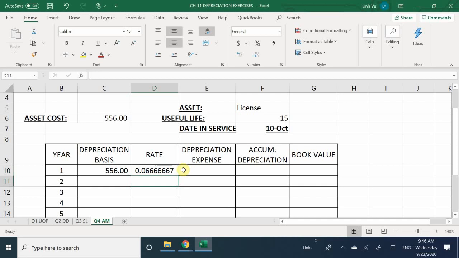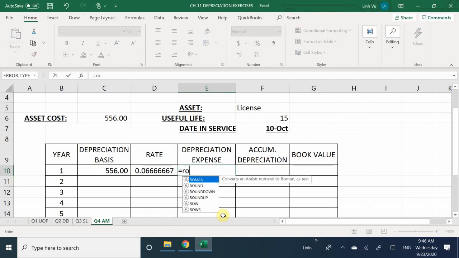What is my depreciation expense going to be for the very first year? It's 927. Let's equal round, this times 3 months out of 12, comma 2. 927.